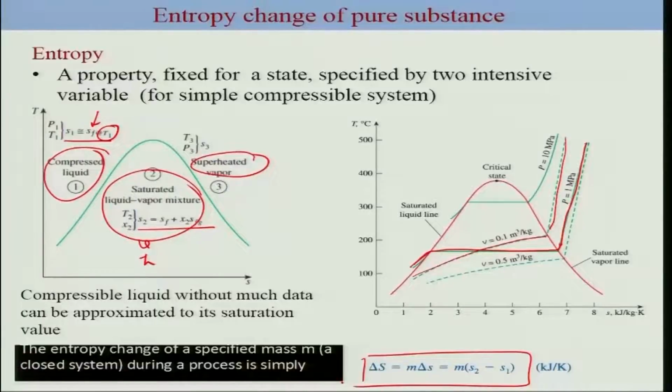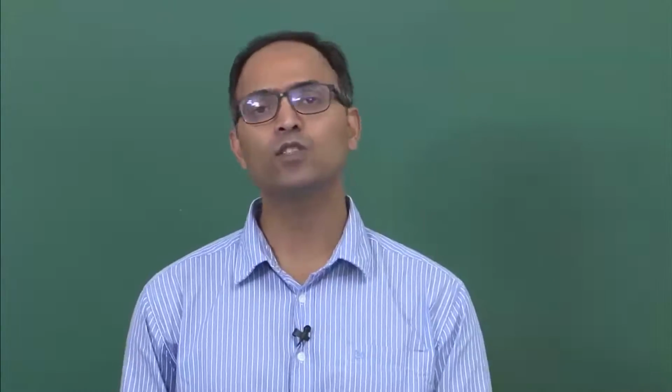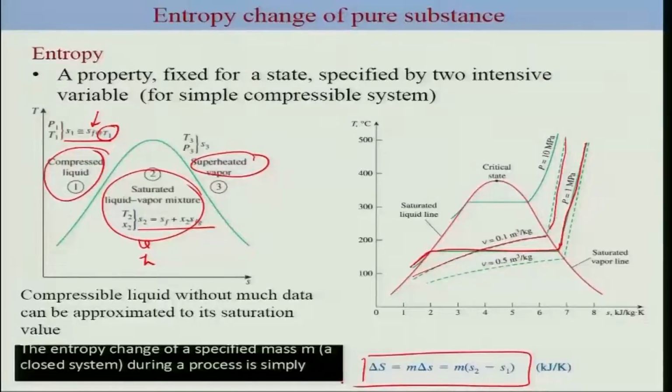We will be making use of the tables having these entropy values for the case of steam and refrigerant fluids, and based on this diagram we can easily calculate in the same way as we have done for TV and PV diagrams. This becomes a very useful property diagram for calculation of processes where the enthalpy plays a big role, and we will be making use of such a diagram in our calculations shortly.